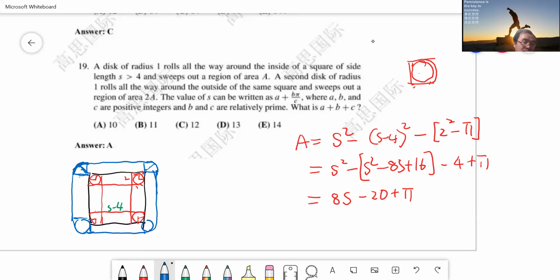This is going to be radius 2, so the diameter of this sweep goes from here to here, right? Then it continues around every corner. So that will be the shape. If you look at the shape, I'm going to cut here. This is a quarter circle with radius 2, and we have a quarter circle here. We have a quarter circle here.